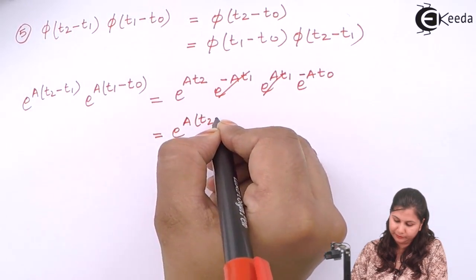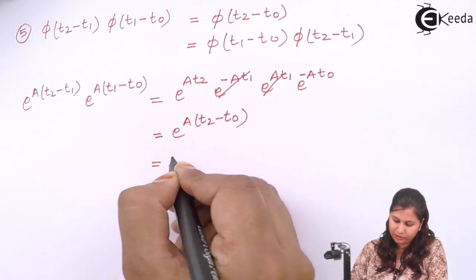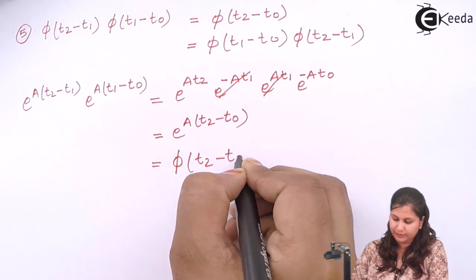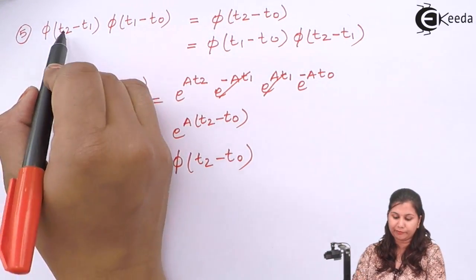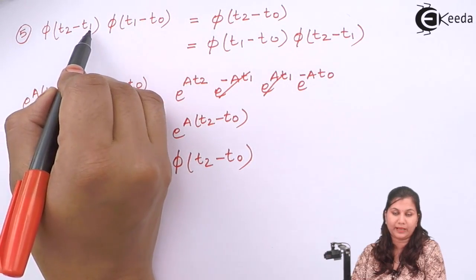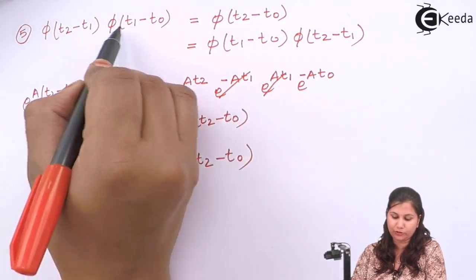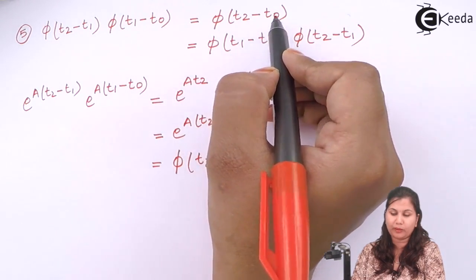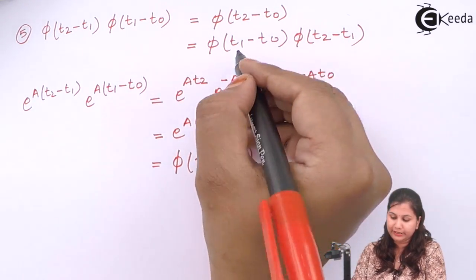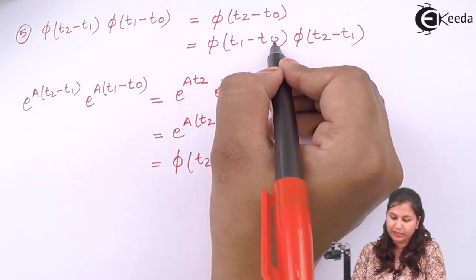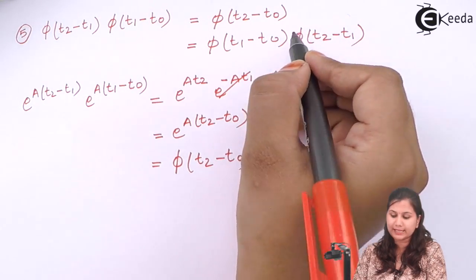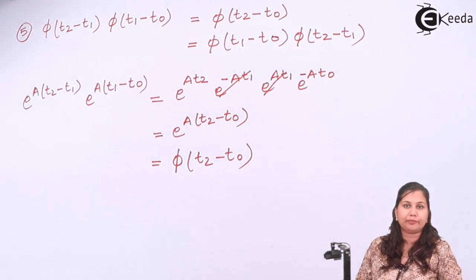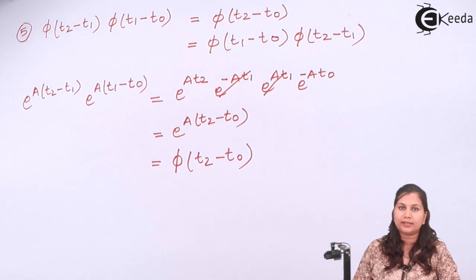So this will become t2 minus t0, or we can say that it is phi of t2 minus t0. So we have proved that when we multiply phi of t2 minus t1 and phi of t1 minus t0, it is equal to phi of t2 minus t0. Similarly, it is also equal to phi of t1 minus t0 times phi of t2 minus t1. Okay, so these are the 5 properties of the state transition matrix.